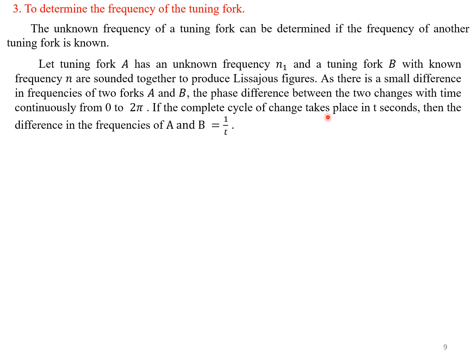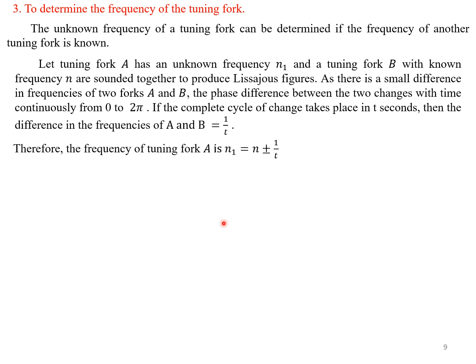If the complete cycle of the change takes place in t seconds, then the difference in the frequencies of A and B is equal to 1 upon t. Therefore, the frequency of tuning fork A, N1, is equal to N plus or minus 1 upon t.